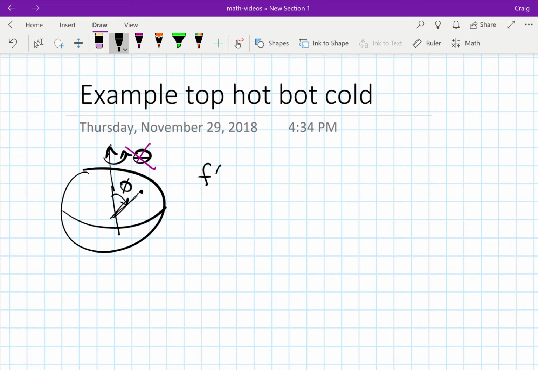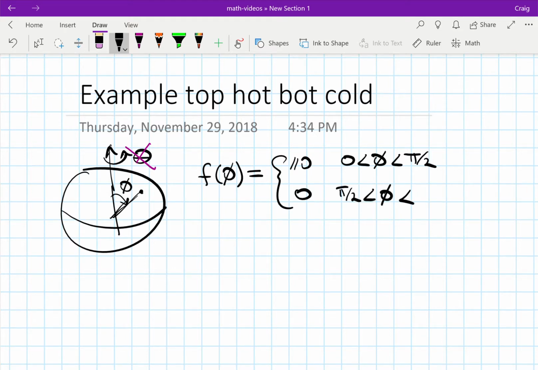So f of phi is going to be equal to 110, oh that's really hot, 110 Celsius on the northern hemisphere, so that's phi going from 0 to pi over 2, and then let's say it's 0 on the southern hemisphere, so phi from pi over 2 to pi.